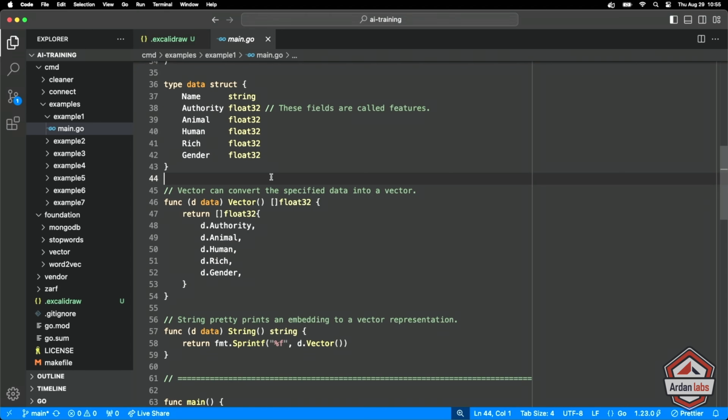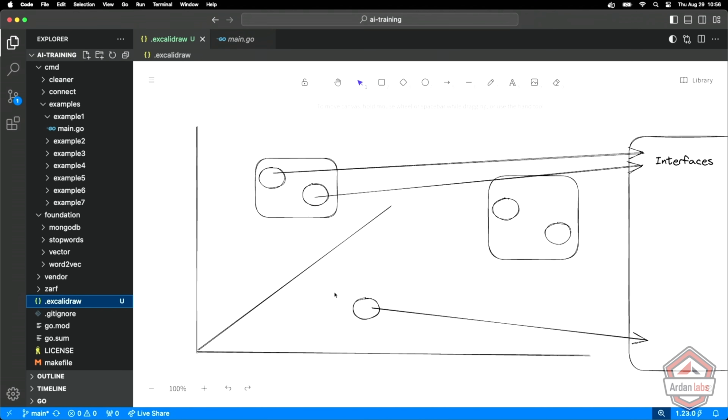And then on line 46, what we're going to do is create a vector of those 5 pieces of information. So our vector is going to essentially have 5 points. Now, when I gave you the diagram before, we were doing everything in 3-dimensional space because that's what we can picture in our head.